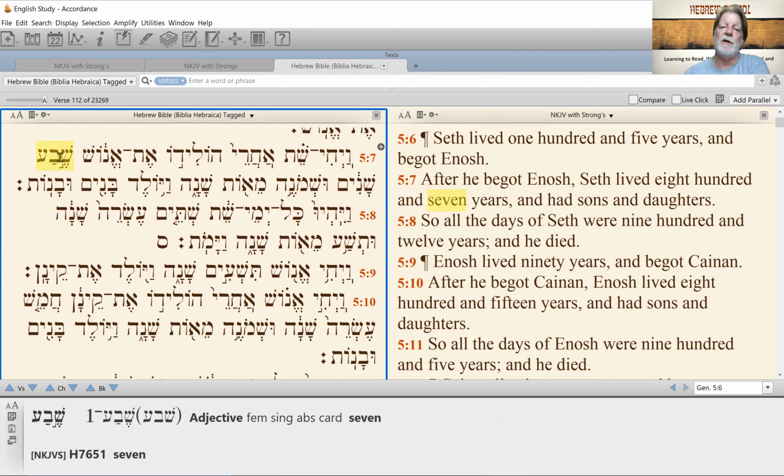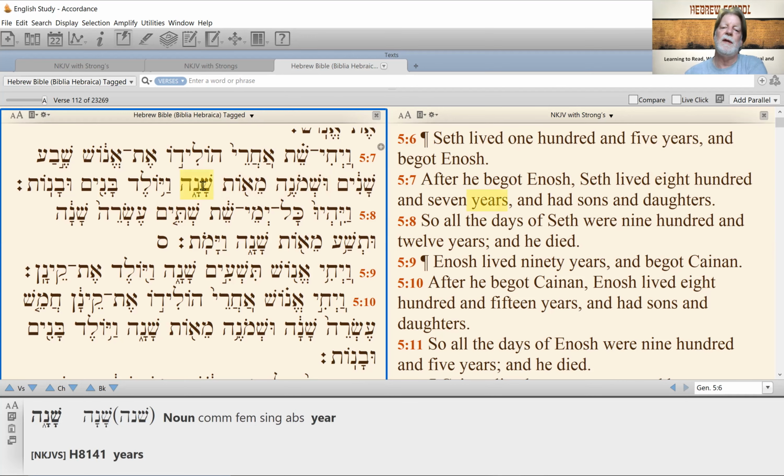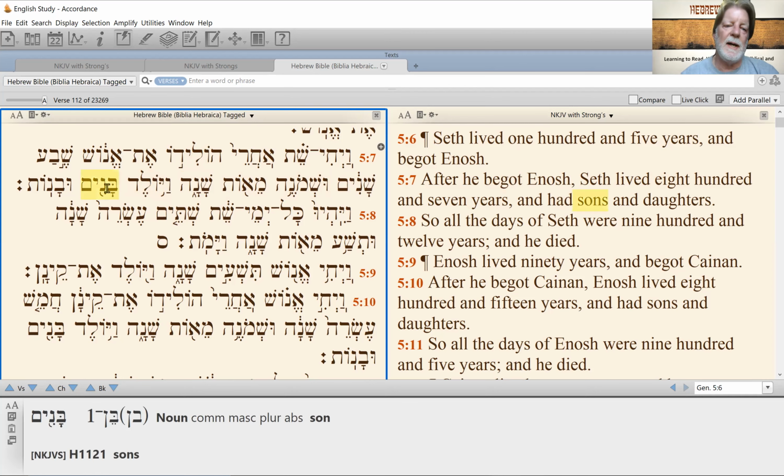Sheva, 7, Shanim, 7 years, Shmone, 800, Meot, Shana. So 807 years he lived. And Yoled, he caused to be born, Banim, sons, Ubanot, daughters.